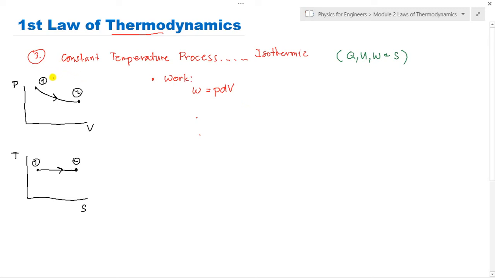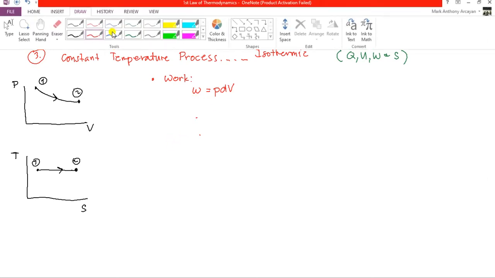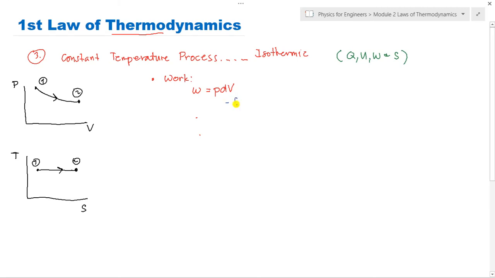Since this is a process, we need to transform this to the variables P1, V1 or P2, V2. So we all know from the ideal gas law, we have PV equals mRT.